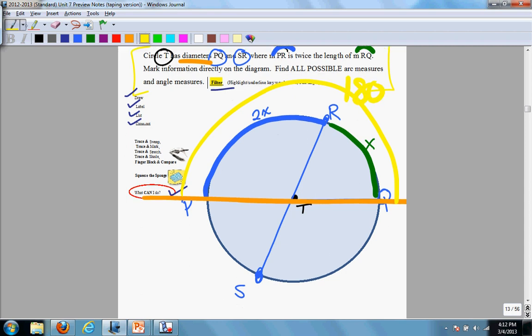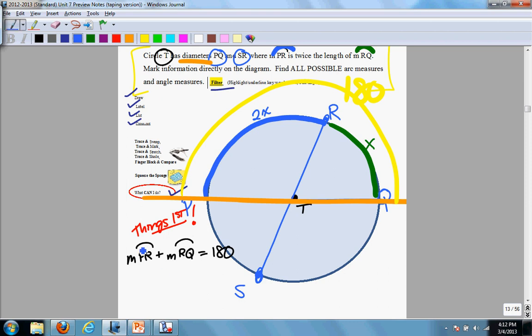Now, this is a very easy problem. If you notice that 180, that means I can do this. The measure of PR plus the measure of RQ equals 180. Remember, we do things first. Things first. Always. You talk about things before you talk about numbers.